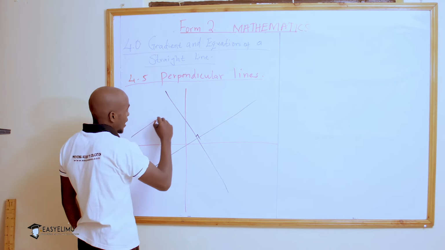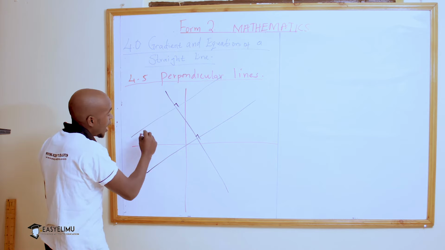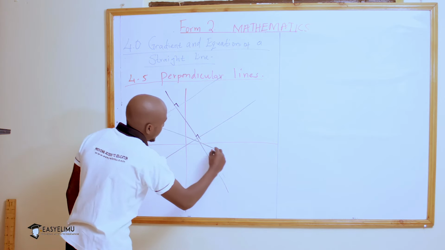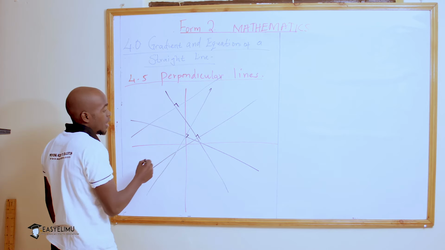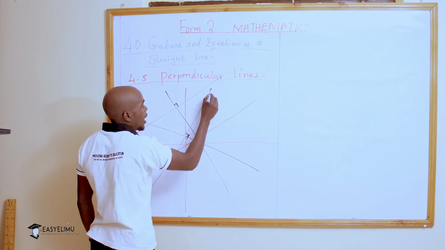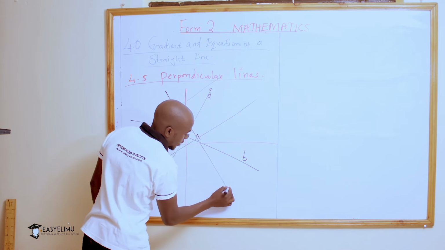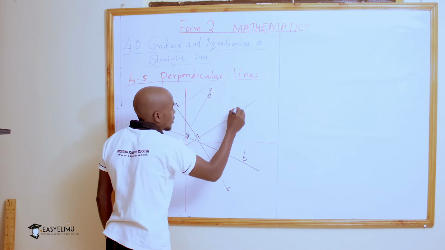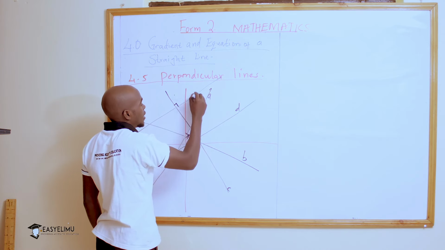Maybe another one may cut it at that point and is still at 90 degrees. We may have another line which passes this way, and another line cuts that line at that point. So let's call this one A, this B, then this one C, D, and E.